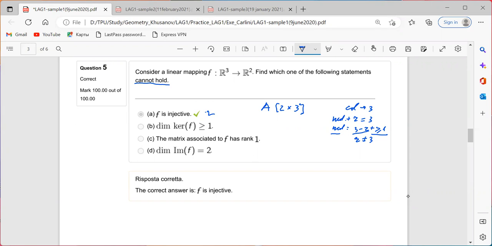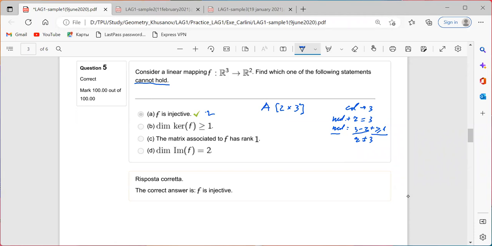Dimension of image F, again, the same. Maybe 2 or maybe not 2, because the dimension of image F is just the column space. But the dimension of the column space is always equal to the rank.